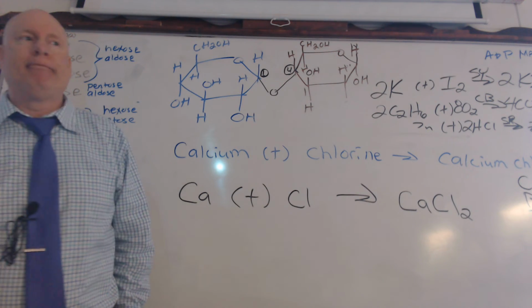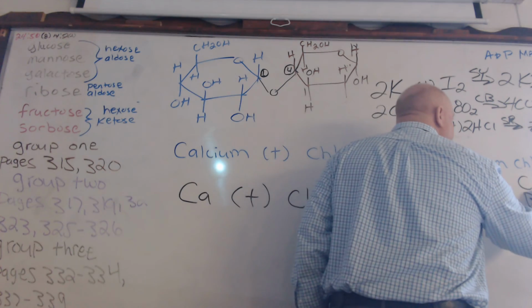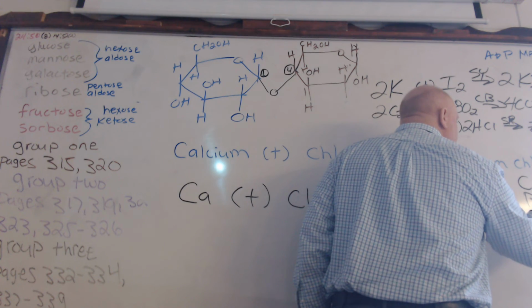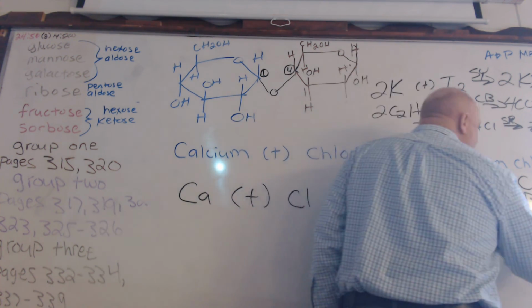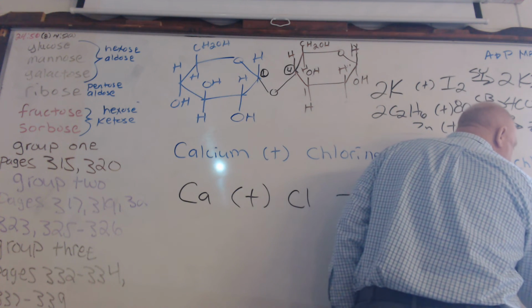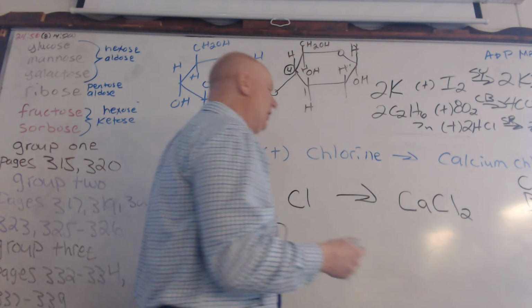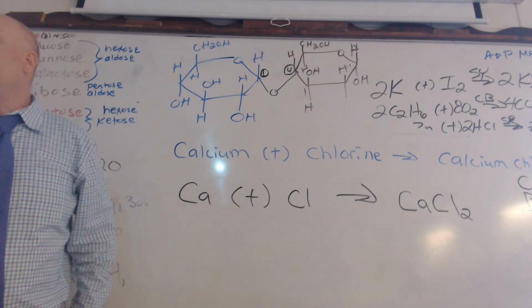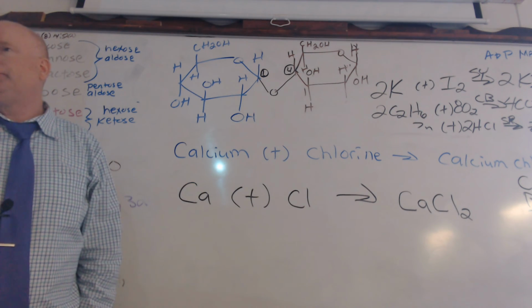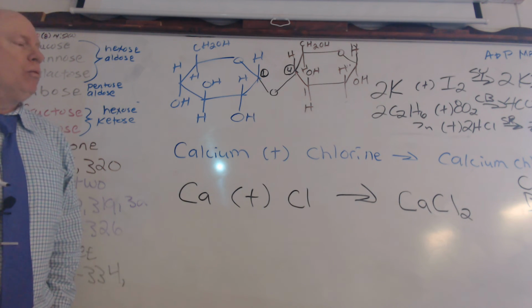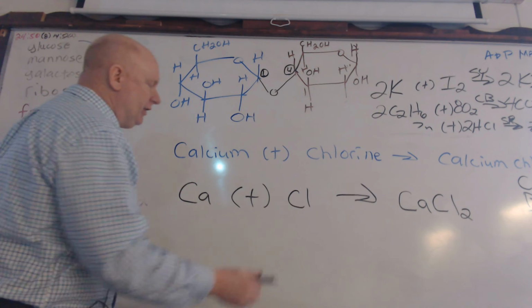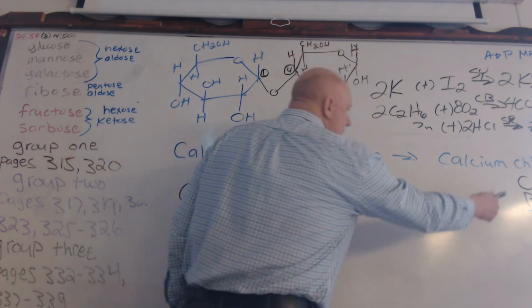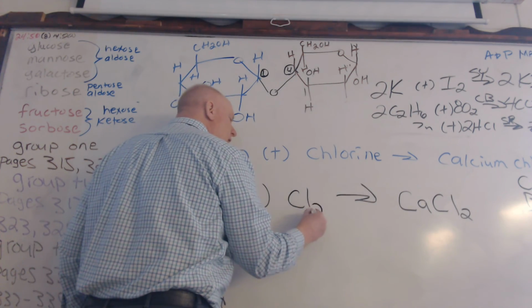No. Say that again. These are diatomic. If you forget that, it doesn't matter what you do, anything beyond this is going to be 100% wrong. So when we look at halogens or gases, when they're by themselves, what do you got to do? Well, this is a halogen, right? What does it say here? You have to have a little 2 there.